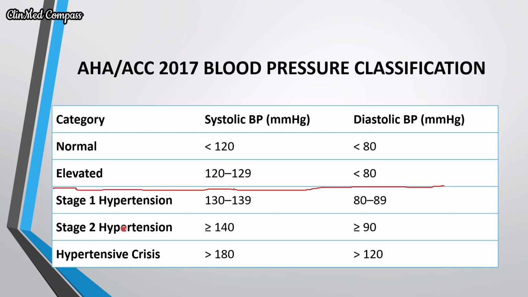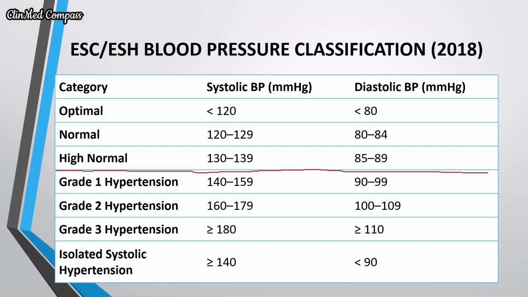The goal of this change was to promote earlier intervention, especially in people at high cardiovascular risk. So more people will now be labeled as hypertensive, but it means we can start managing them earlier to prevent complications.